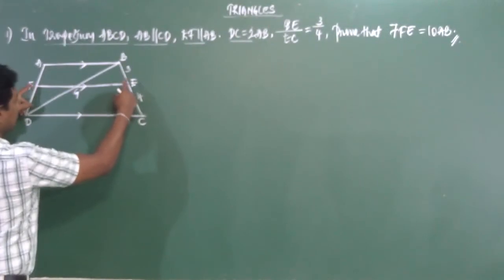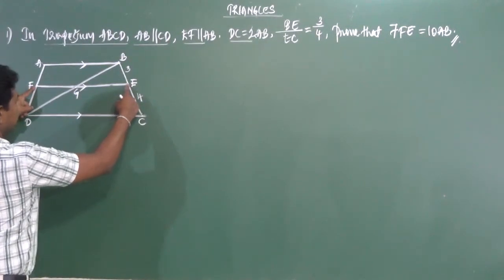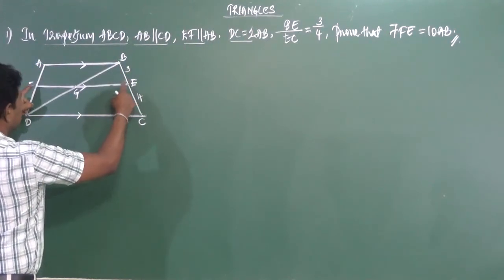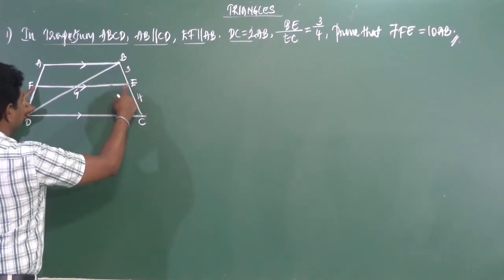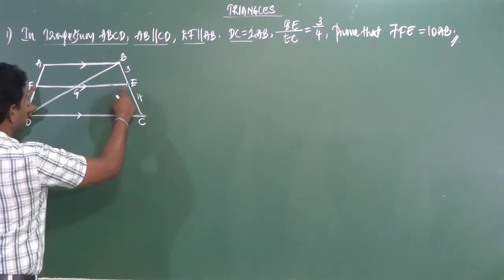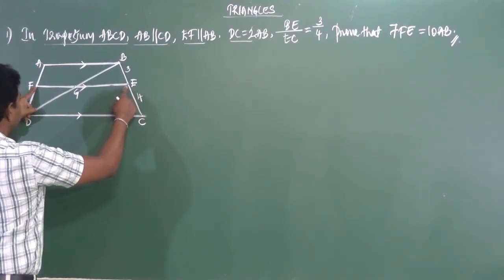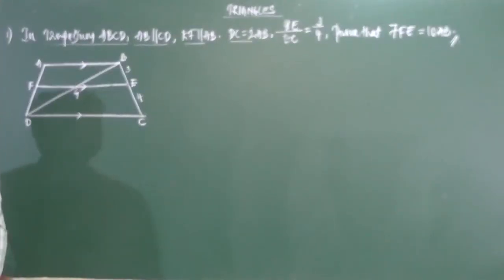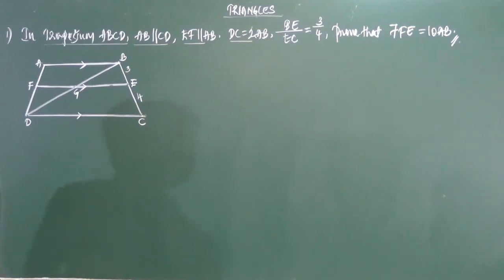Here is FE. 7 times the length of EF, that is FE, is equal to 10 times the length of AB. That is the thing we have to prove here.